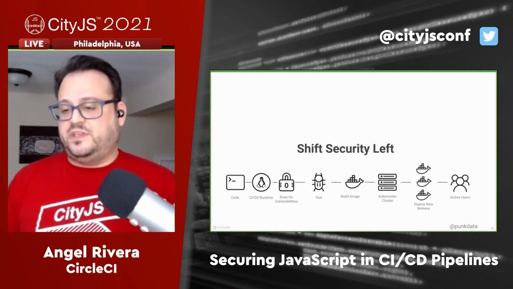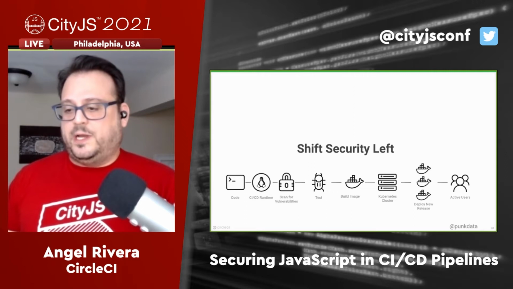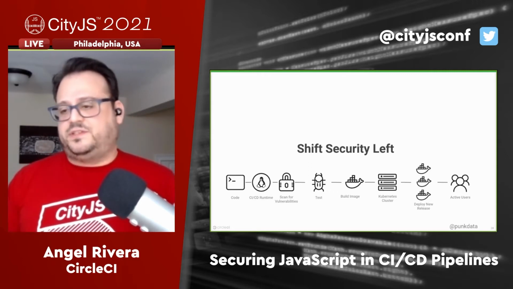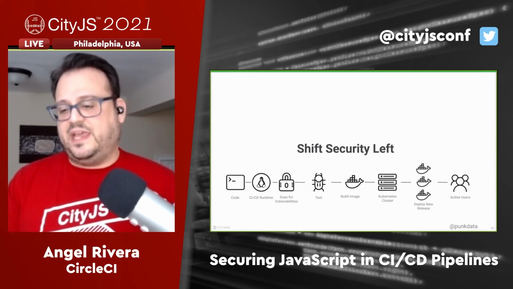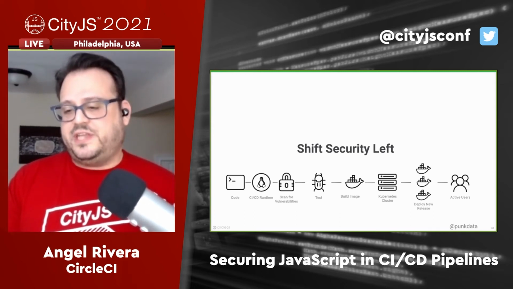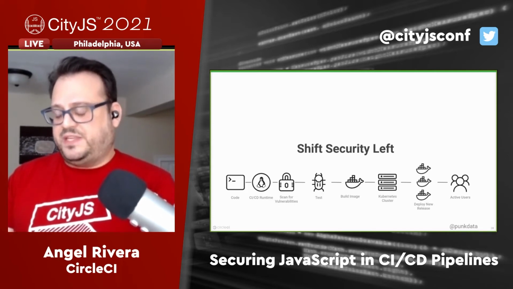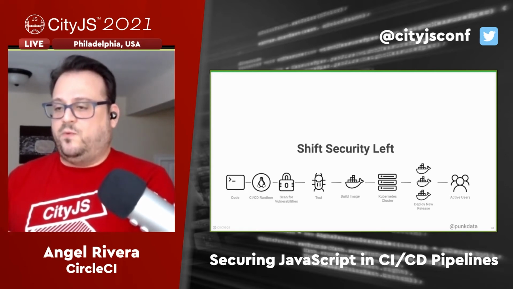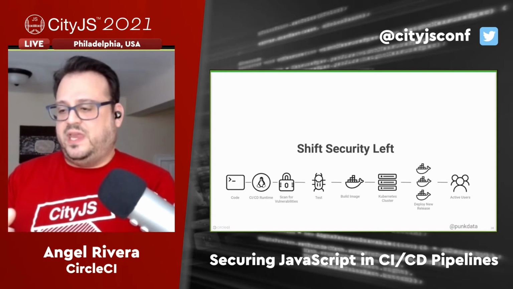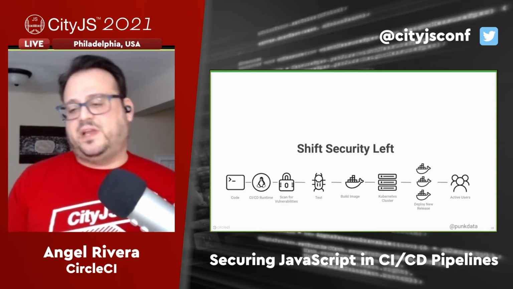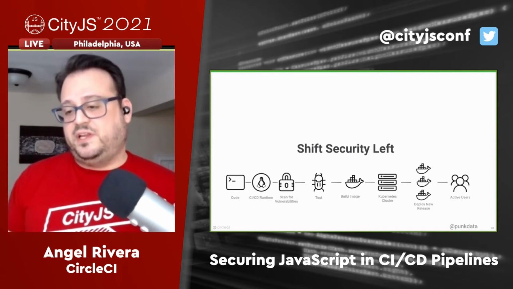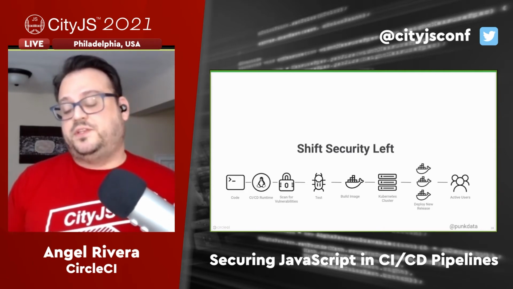So that gives you, the developer, the ability to be more involved in the security of the software. So that's why I shifted that security scan left for you, so that you could understand that it's basically a movement from where things are sitting towards the end of your pipeline, and it's moved to the front of your pipeline, and that gives the ability for more people to get involved in those processes.